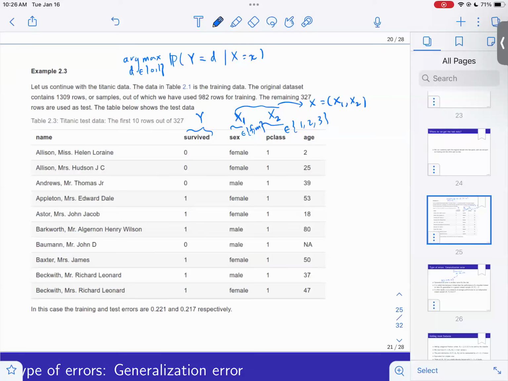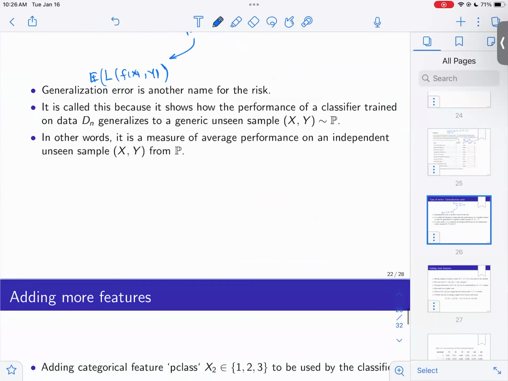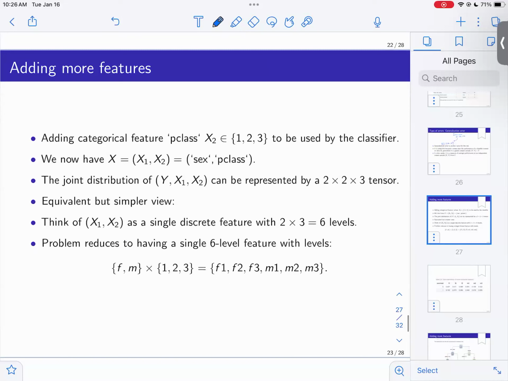Once you have two categorical variables, you can think of it as a new categorical variable with the levels being all the possible combinations. So it really goes back to a single categorical variable. So I just construct a new categorical variable which has 6 levels.